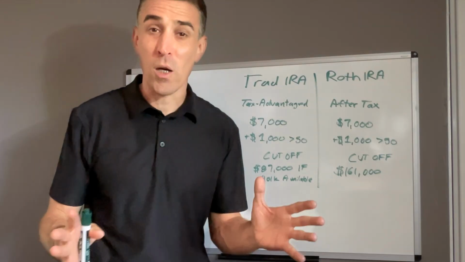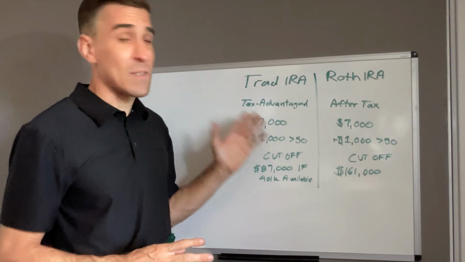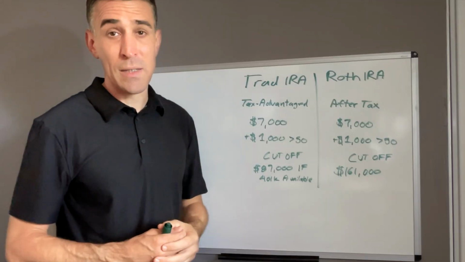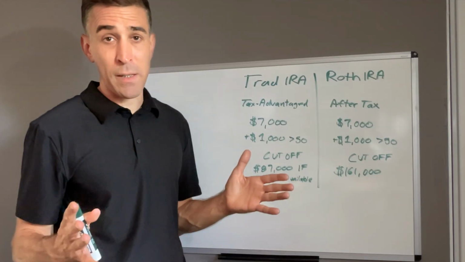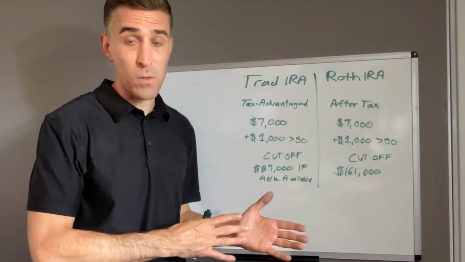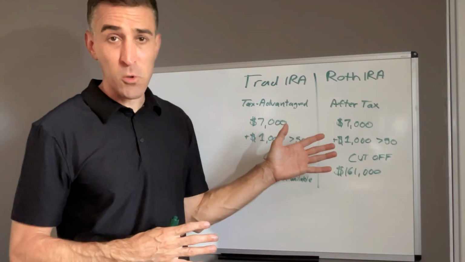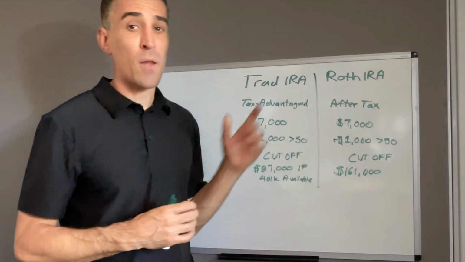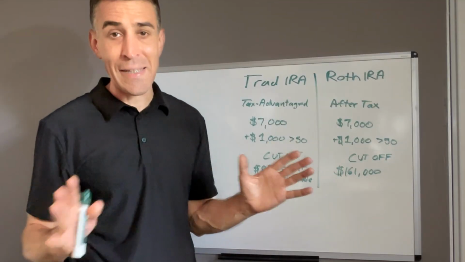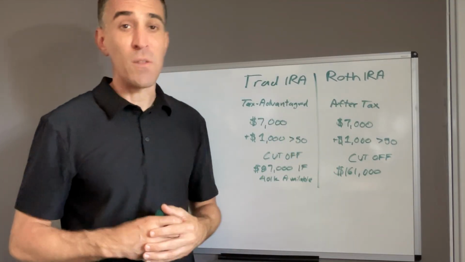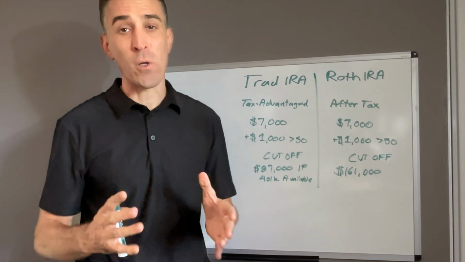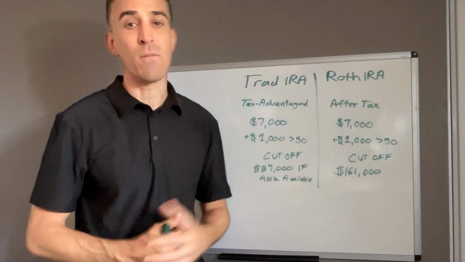And finally, for withdrawals, traditional IRAs have the same strict penalties as 401ks, with the 10% penalty and required taxes being owed, while Roth contributions, not the earnings, Roth contributions can be withdrawn anytime without penalty. The earnings, you would pay ordinary income tax at the time of withdrawals.